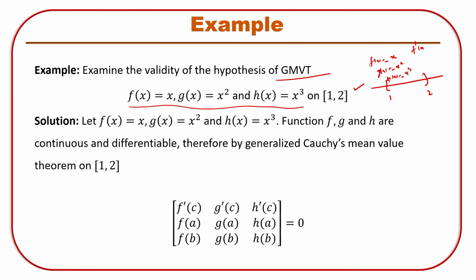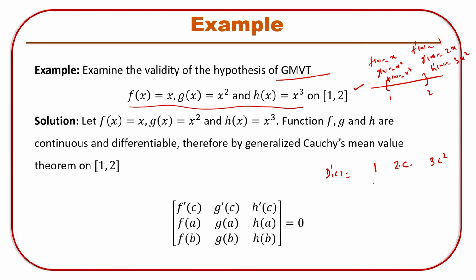And f'(x) equal to 1, g'(x) equal to what? 2x, and h'(x) equal to 3x square. Now, using the generalized mean value theorem, we defined the determinant with f'(c) equal to 1, g'(c) equal to 2c, and h'(c) equal to 3c square.